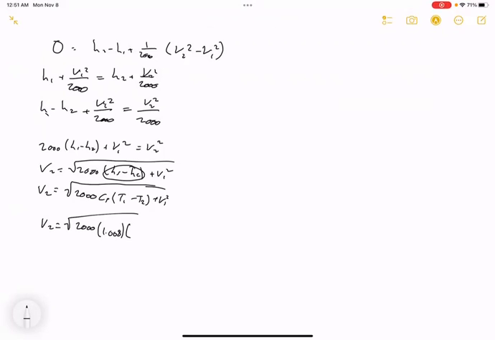Temperature 1, incrementing it by 273 to get Kelvin, we're going 644 minus 614. And then, of course, we're adding V1 squared, and we're told that V1 is 24.4 meters per second. Taking the square root of all that, we'll get a velocity at the end of 247 meters per second.